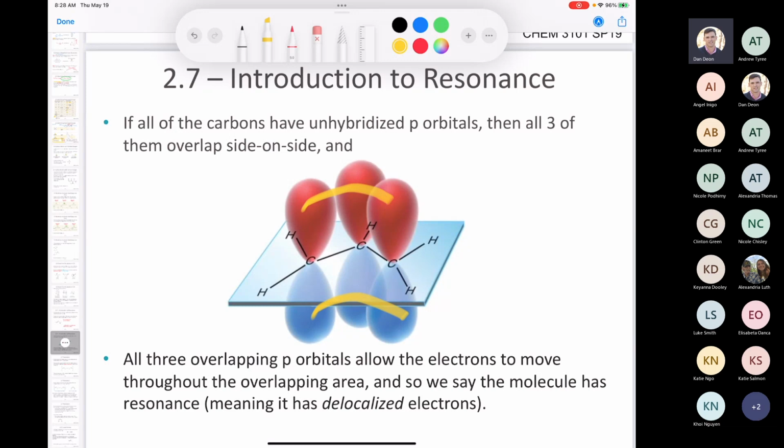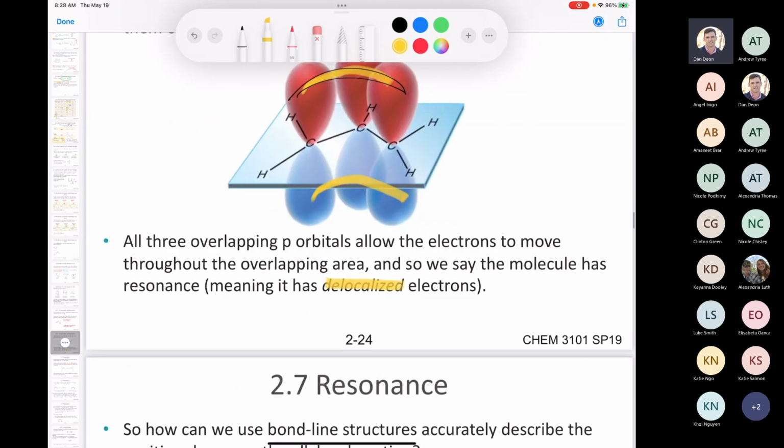Instead of the 2 electrons from the pi bond being stuck here or here, those 2 electrons are actually shared between all 3 of those unhybridized p orbitals. We say that they are delocalized electrons.